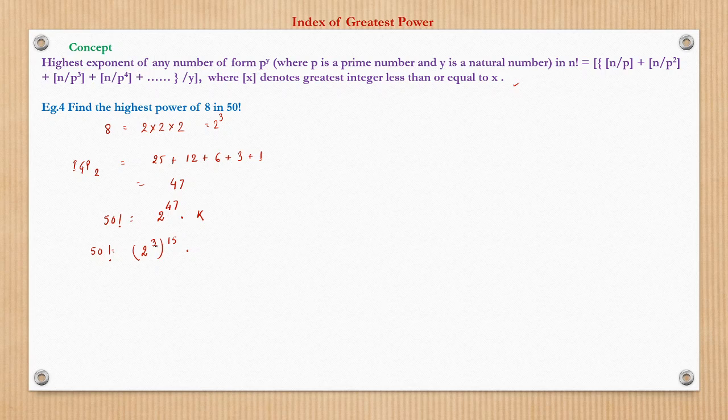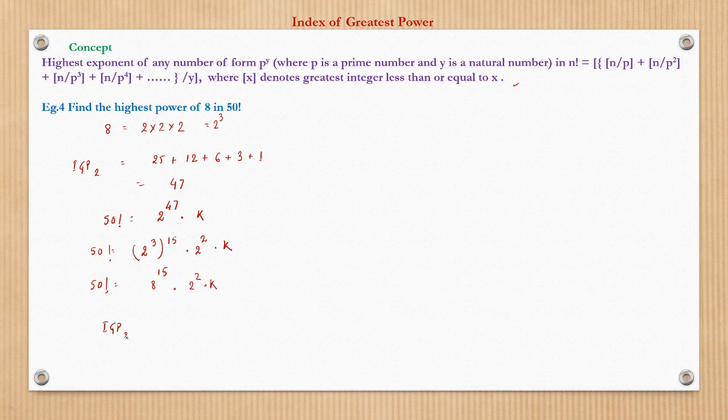So 15 times 3 is 45. So an additional 2 raised to power 2 remains. So this way we can write this as 2 cube, which is 8, raised to power 15 into 2 raised to power 2 into k. So the highest power of 8 in 50 factorial therefore is 15.